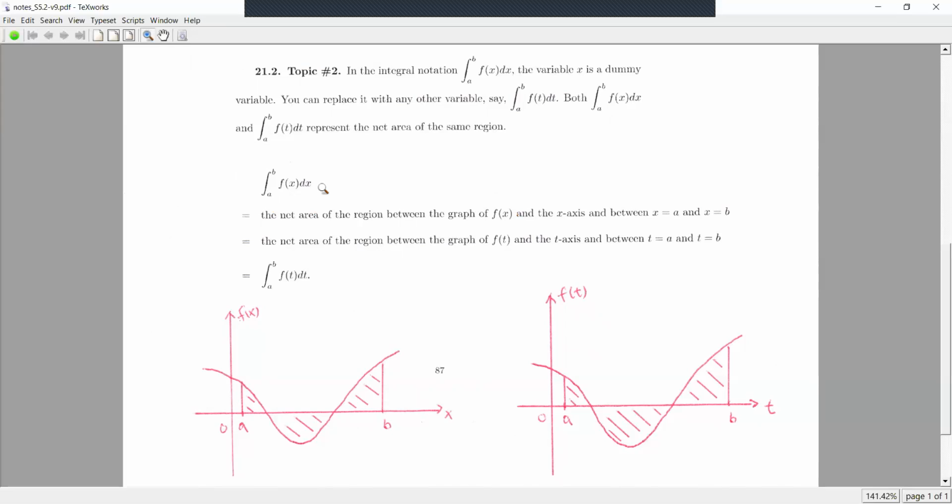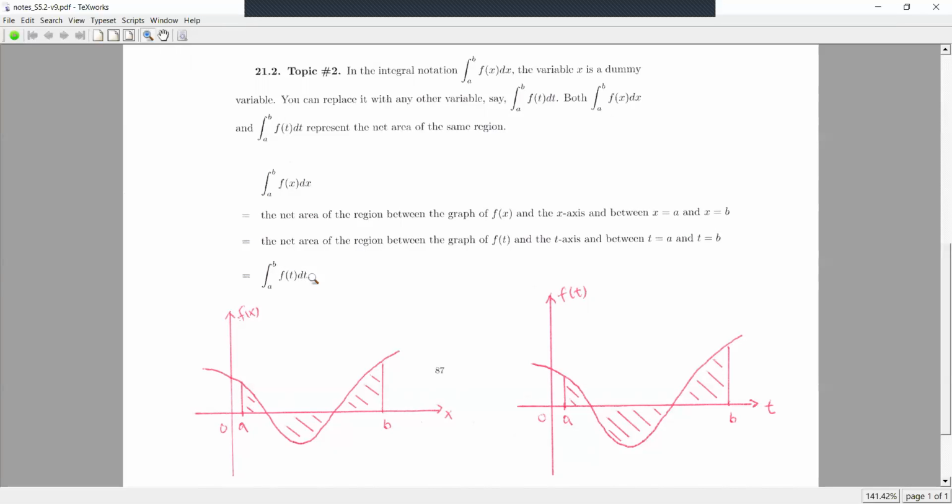The original integral is the net area of the region between the graph of the function f of x and the x-axis and between a and b. So this integral is the net area of this shaded region. This shaded region is on the x, y plane.